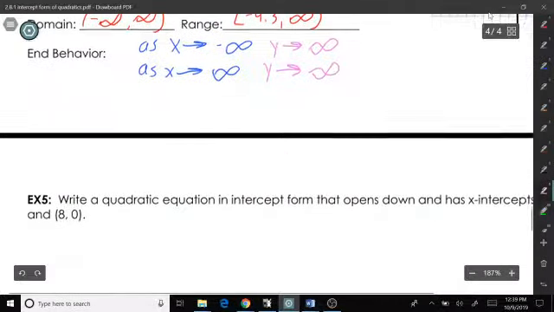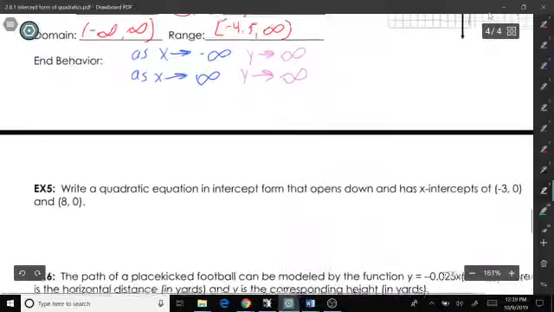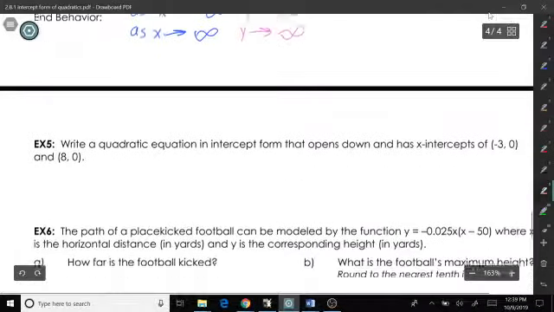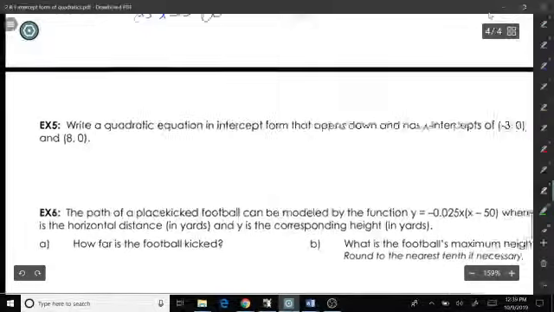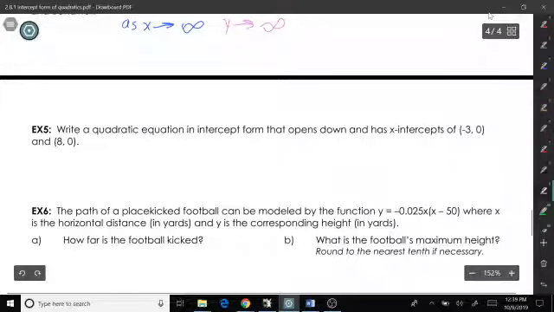Alright, we'll do example number 5. We'll save 6 for when I get back. So write a quadratic equation in intercept form that opens down. Okay, so opens down means a is negative and has intercepts at -3 comma 0 and 8 comma 0.